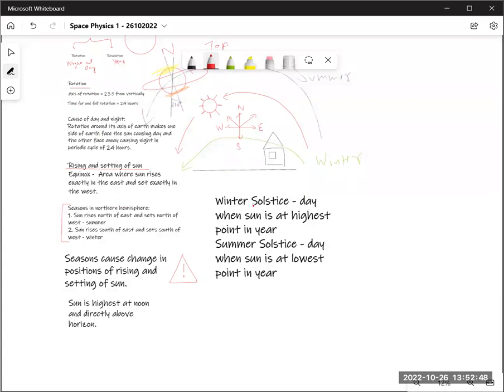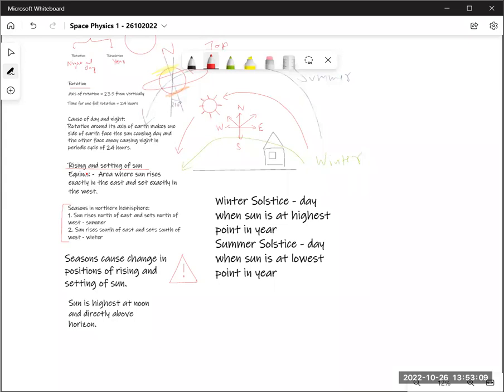Now, all of this part is inside the rising and setting of sun part. Equinox is basically where it rises exactly in east and sets exactly in west. What is the winter solstice? That's when the sun is at its highest point in the sky. That means the sun is most away from you.